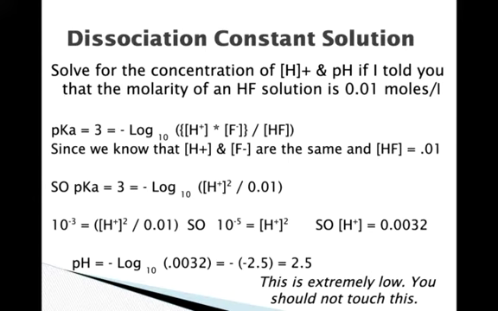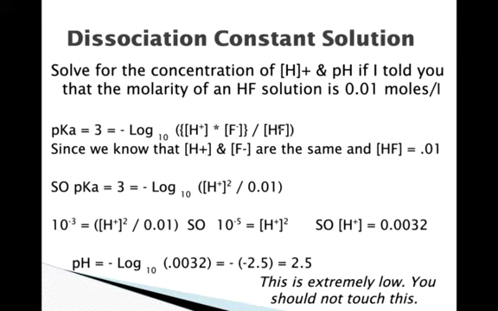So first up, we know that the pKa value is 3, so we know that the negative log base 10 of the concentration of our two possible ions over the concentration of our compound is all equal to 3. Now, we could also deduce that these two concentrations have to be equal, right?